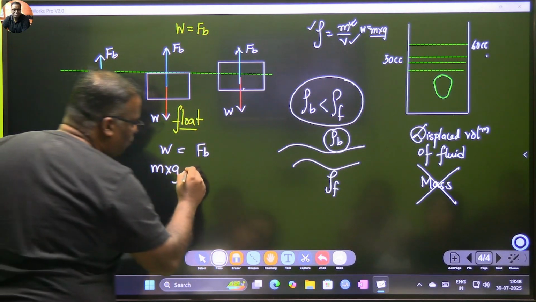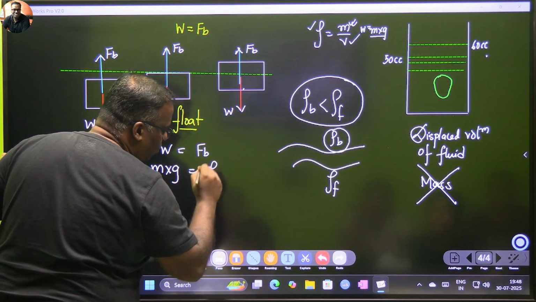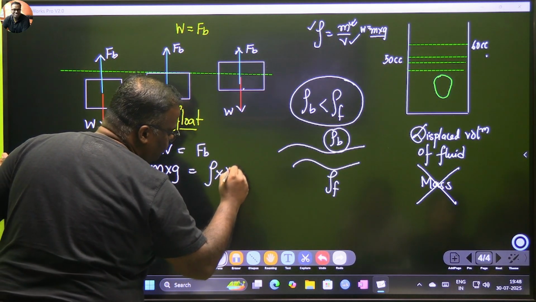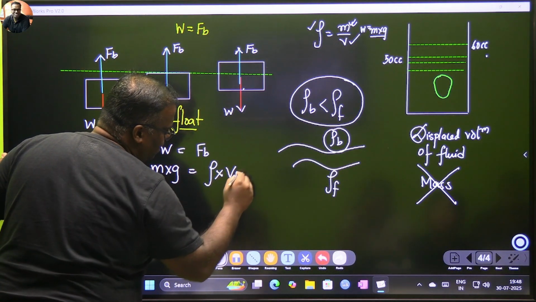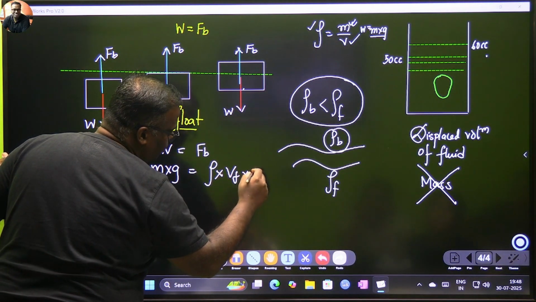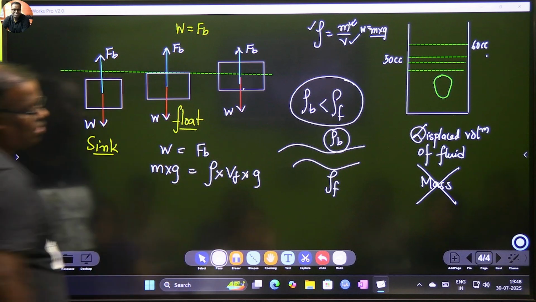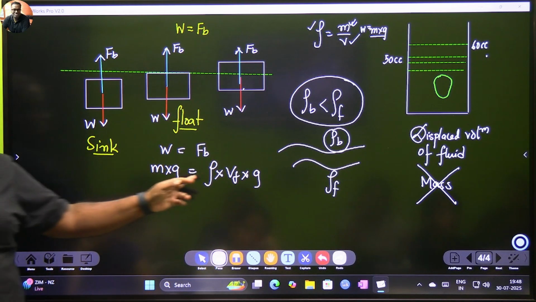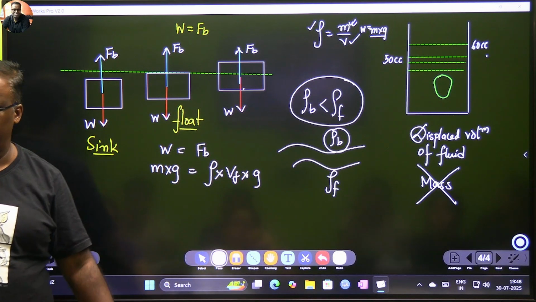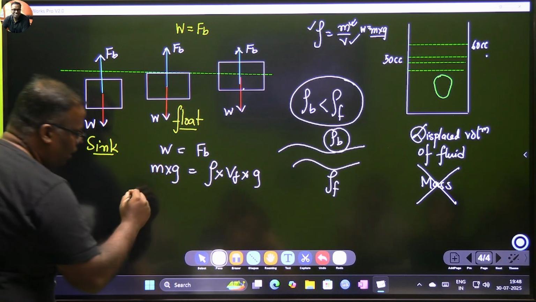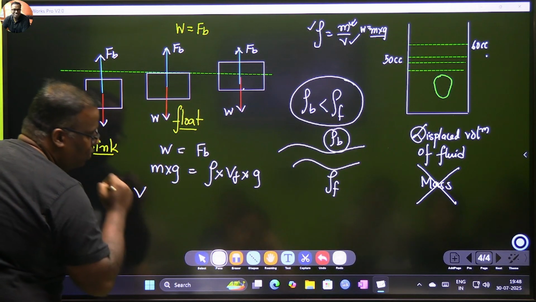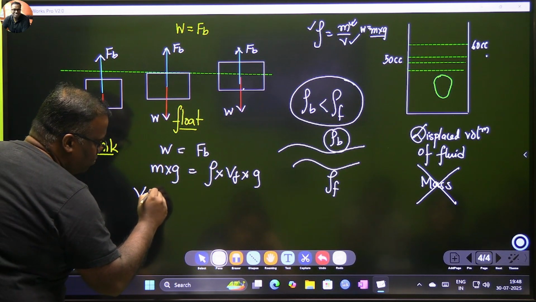And the buoyant force will be given by what? Rho into the volume of the fluid displaced by it into g. The volume of the fluid displaced by it.